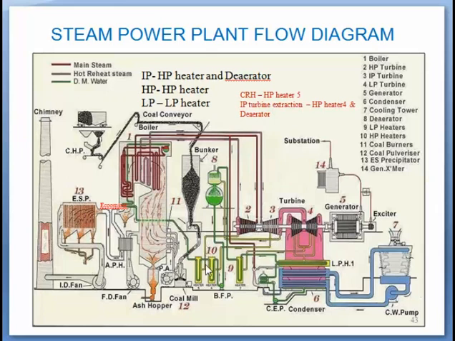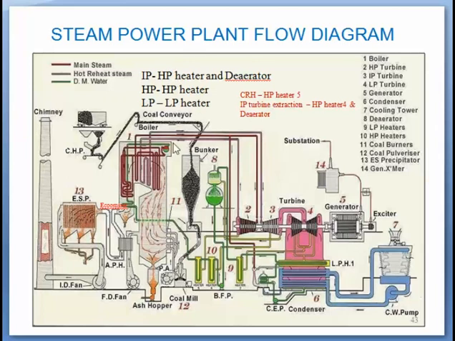You can see here, one is going to HP heater number 5 and one extraction is coming from IP turbine which goes to HP heater number 6. This total heating in feed water heaters is known as regenerative feed heating process and which improves the steam cycle efficiency significantly, which we will see in coming classes when we will discuss the steam cycle theory.